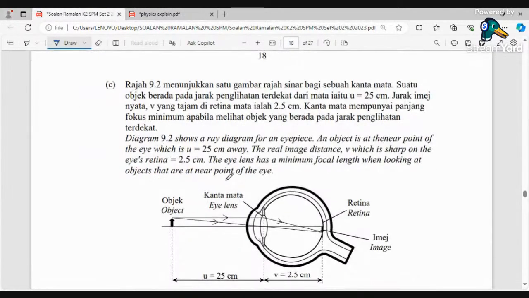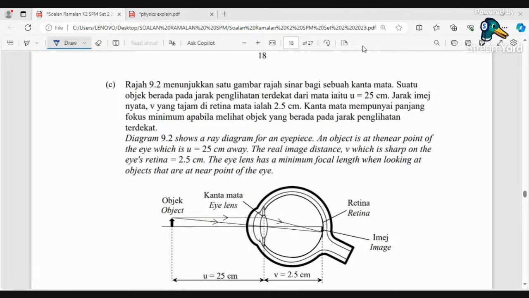Diagram for the eyepiece. The object is at the near point of the eye, which is u = 25 cm away. The real image distance v is sharp on the eye's retina. The eye lens has minimum focal length when looking at the object at the near point of the eye.